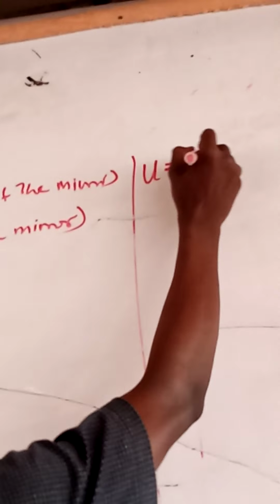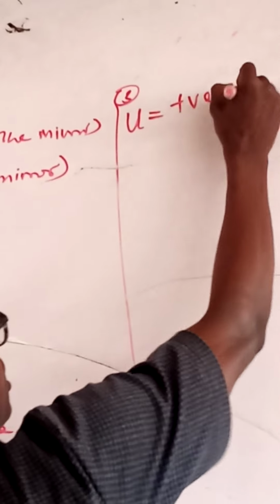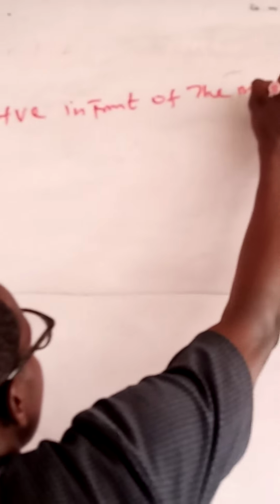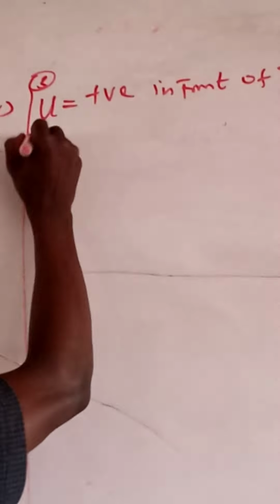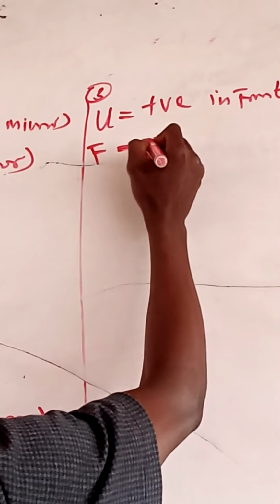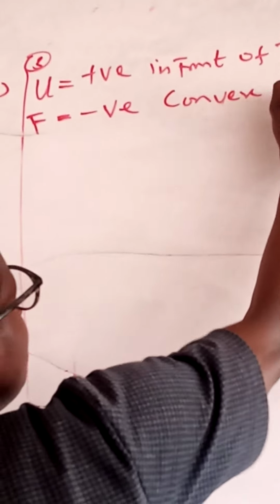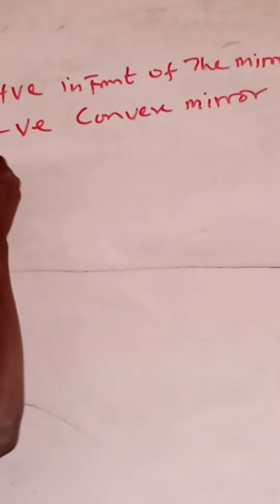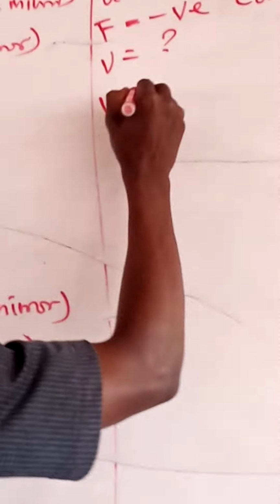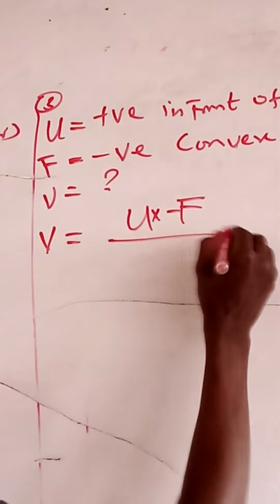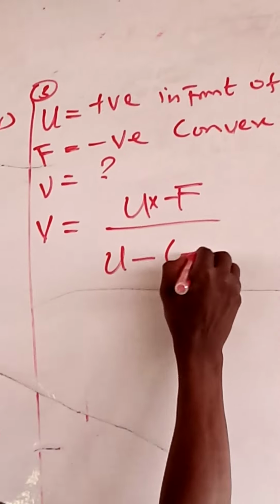Now, 3. If I have my u to be equal to positive, in front of the mirror, and I'm having my f to be equals to negative, that is a convex mirror, my v will now be equals to u multiplied by minus f, because it is a convex mirror, divided by u minus open bracket minus f.